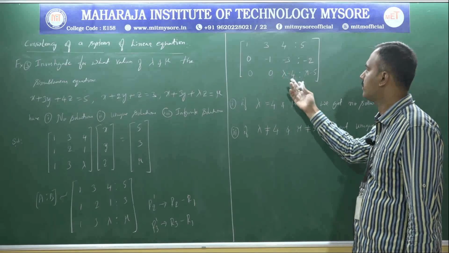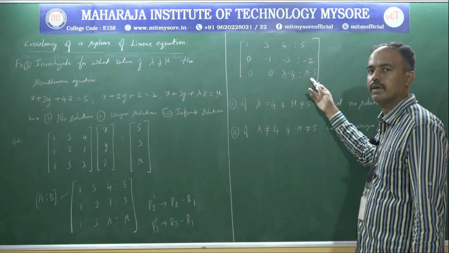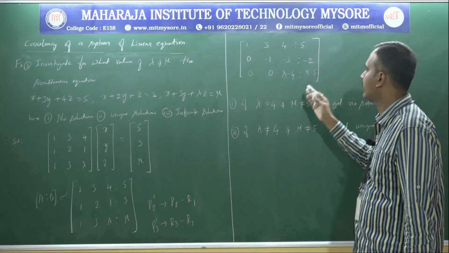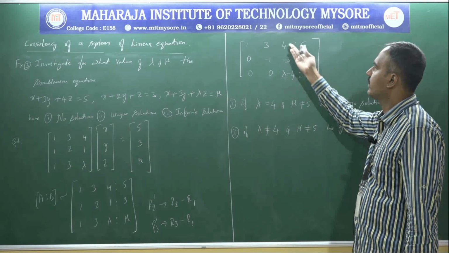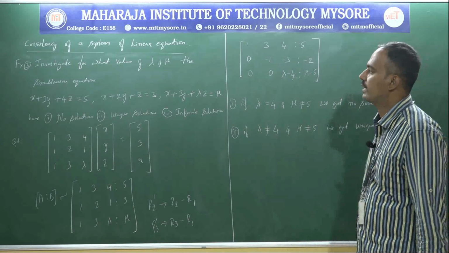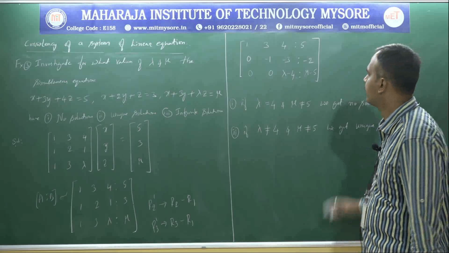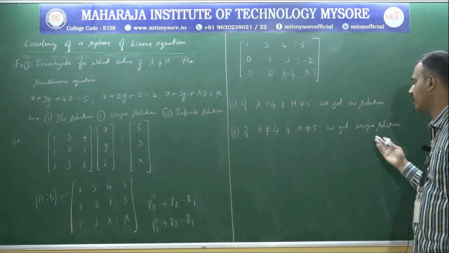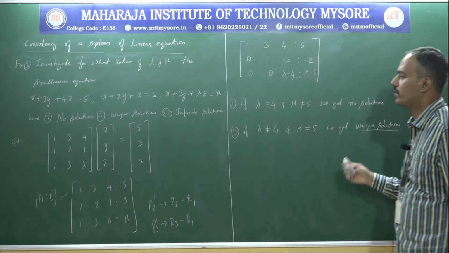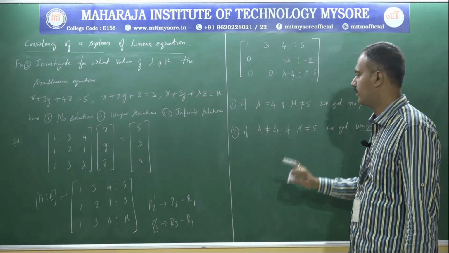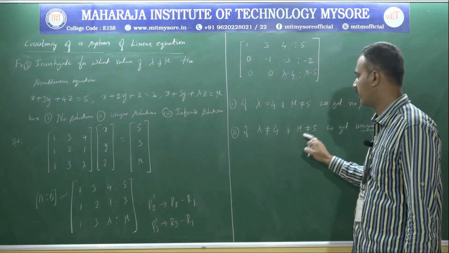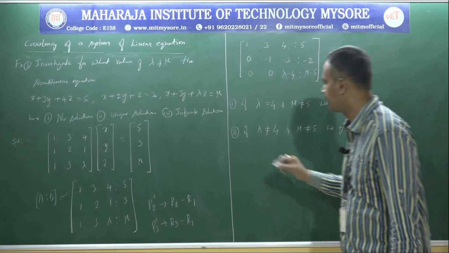Now we get some particular number here, and here also some particular number. After solving, we obtain the z value, then the y value, and the corresponding x value. Now we get the unique solutions. That's why unique solutions are available for this type of case: lambda not equal to 4, and mu not equal to 5.